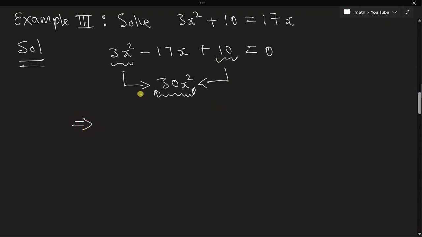Once we've found those two numbers, what we do now is we remove the center term and replace it with those two. So we now have 3x squared, then negative 2x, negative 15x, plus 10 equal to 0.